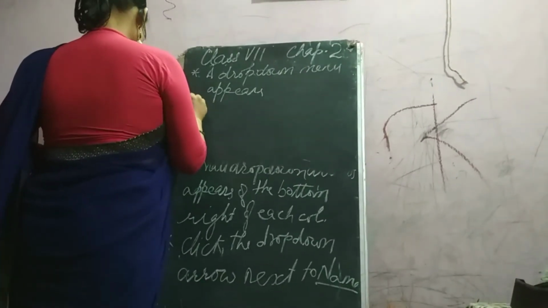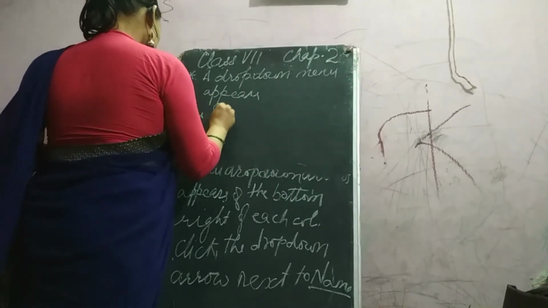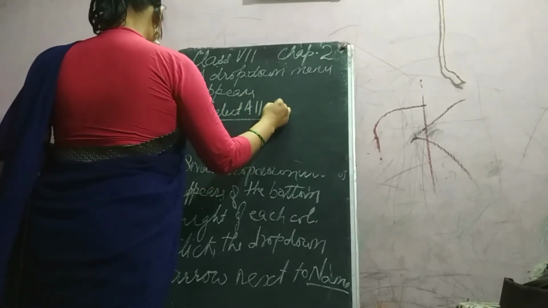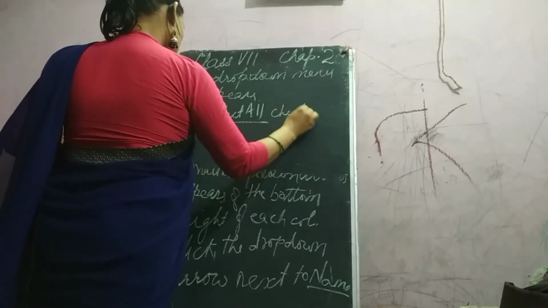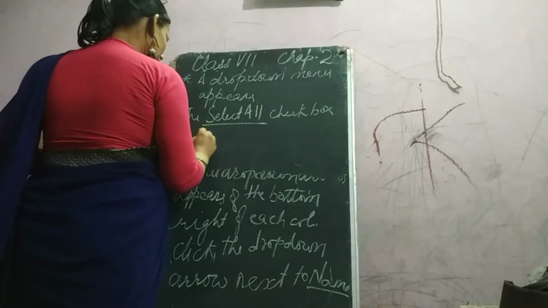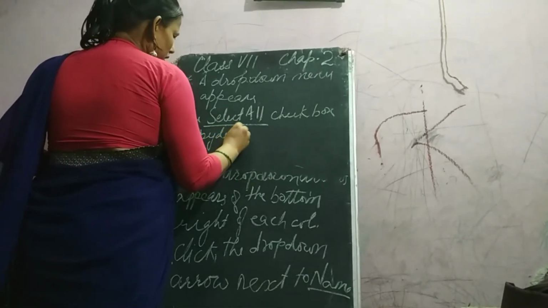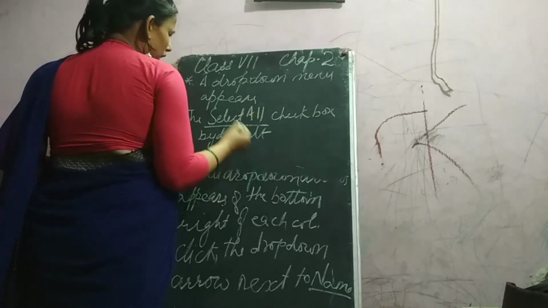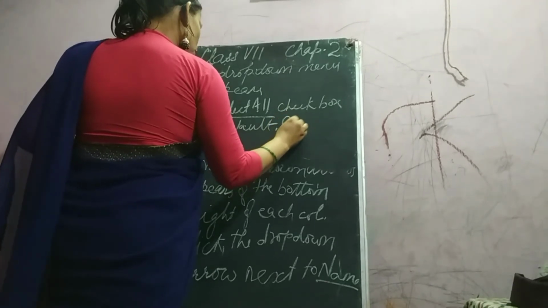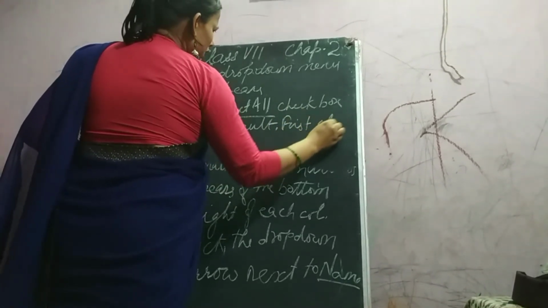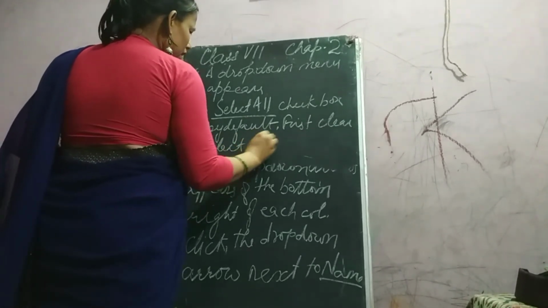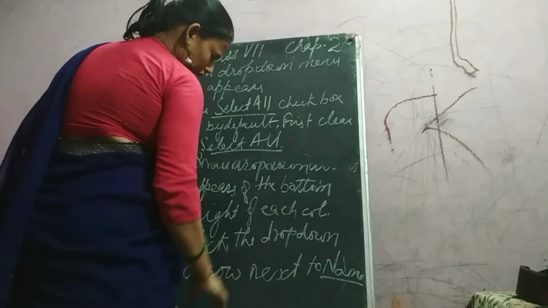After that, the Select All checkbox is selected by default. So first, what we have to do? First clear the Select All option. You have to clear the Select All option.